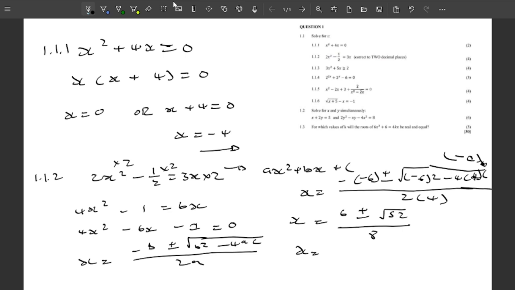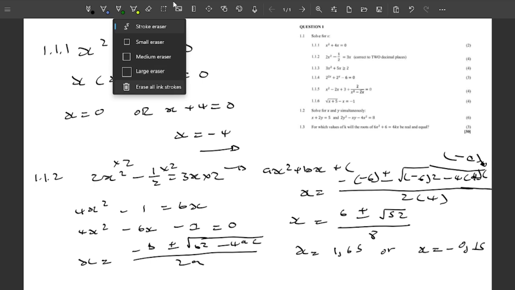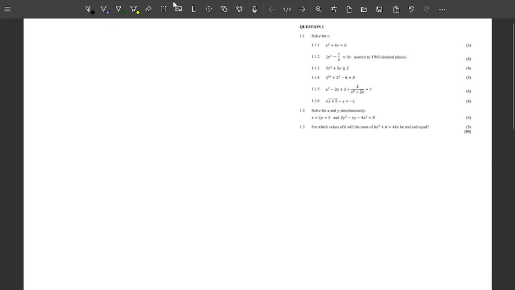Let me do it on my calculator here. I get that the value of x for the first one is going to be 1.65, or x equals minus 0.15. It's up to you how you do this, but you should get the same answers as me. Now let's move on to the next question, which is 1.1.3.